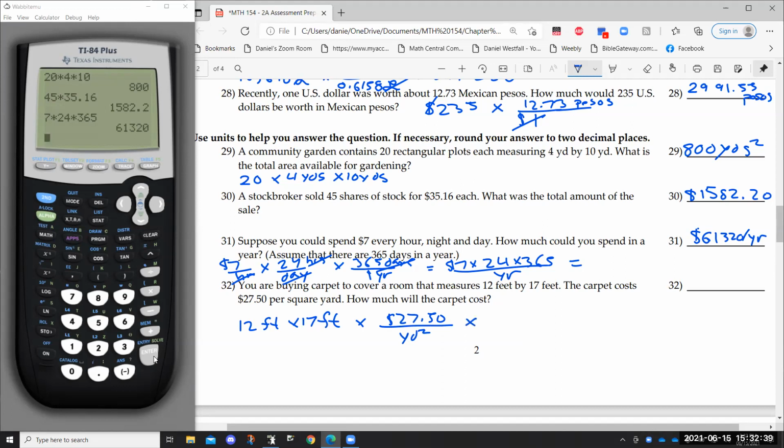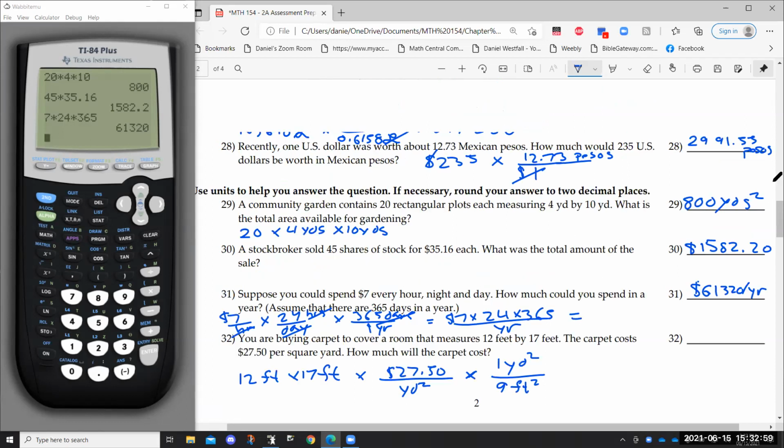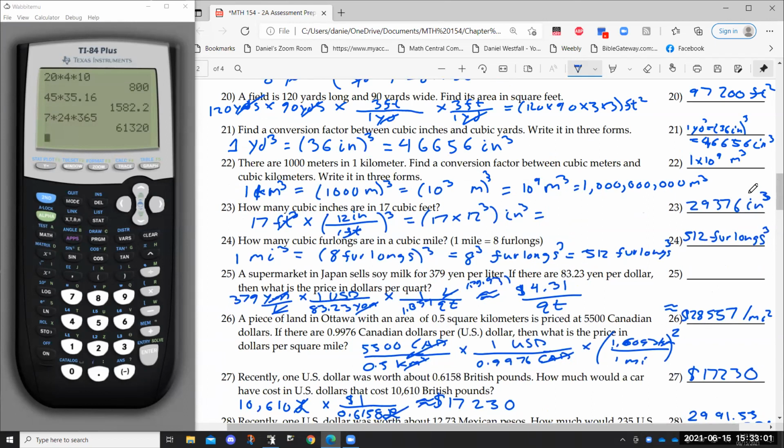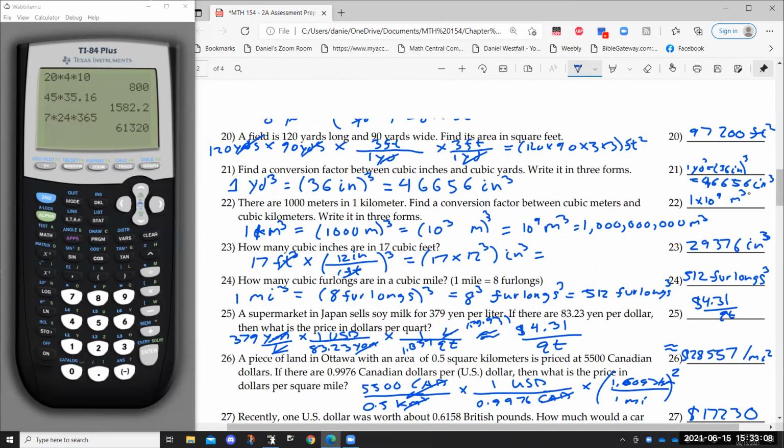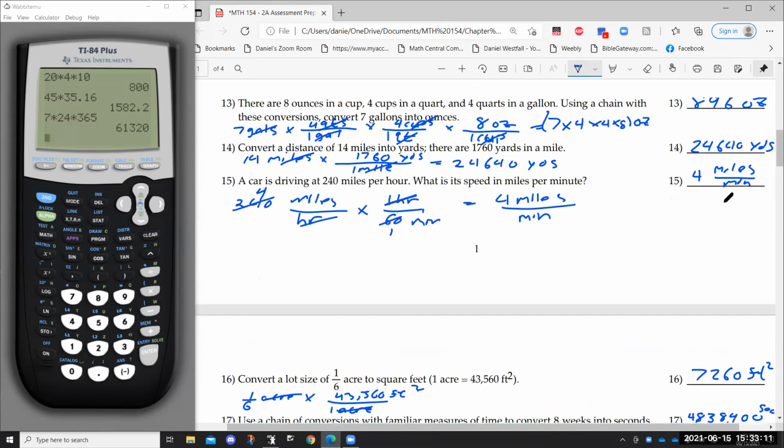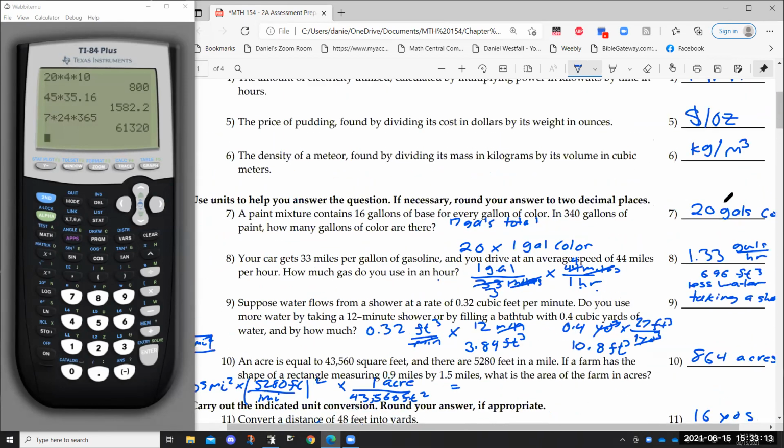So we have 1 square yard is going to be, and we already did this earlier, 9 square feet. Where did we do that one? Way up here. Probably early on.